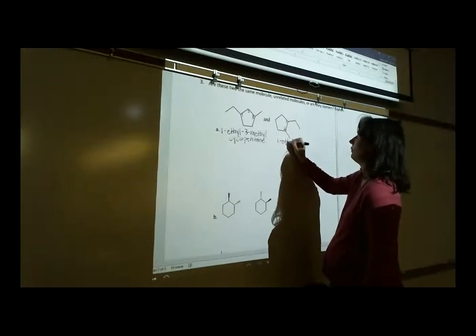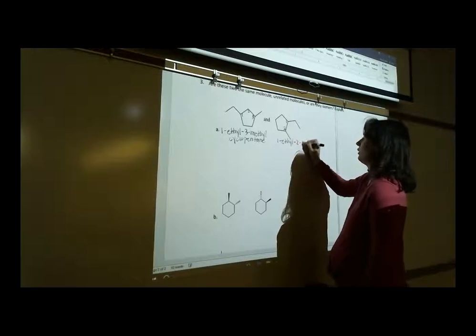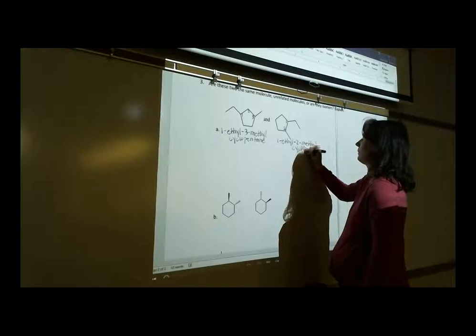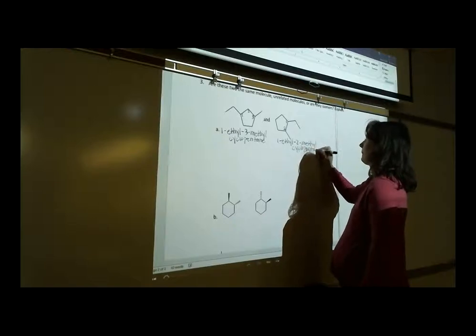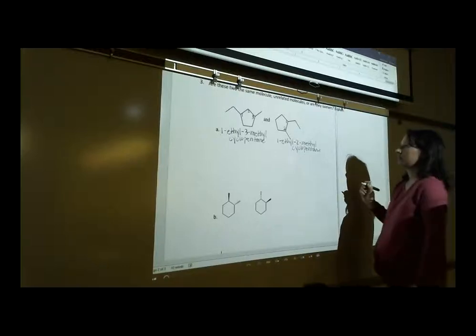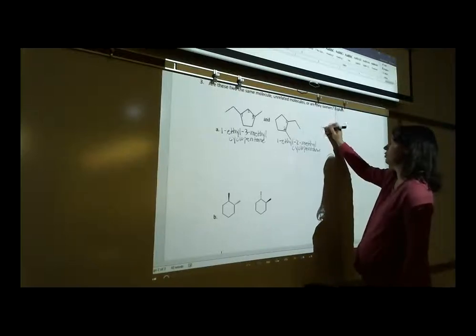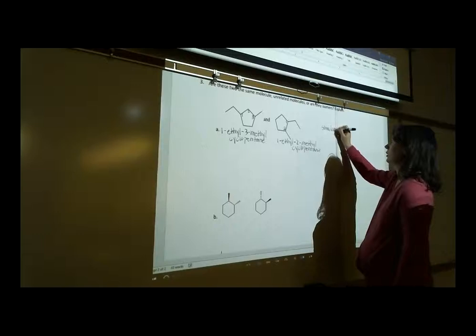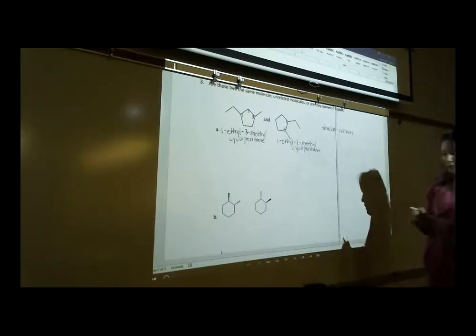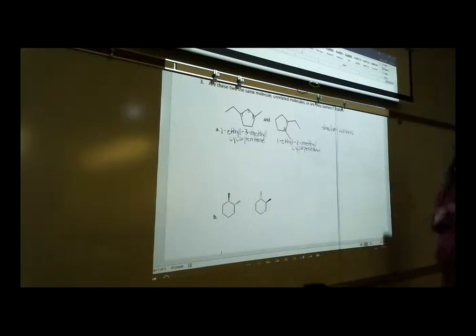Right, 1-ethyl, 2-methyl, cyclopentane. So what's the relationship here? Are they isomers? Yep, they'd be structural isomers. They would have different boiling points. They would be able to be separated in the lab. If you had a mixture of these two, you could separate them.